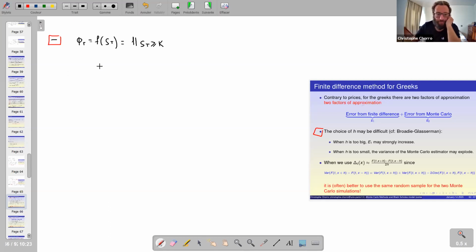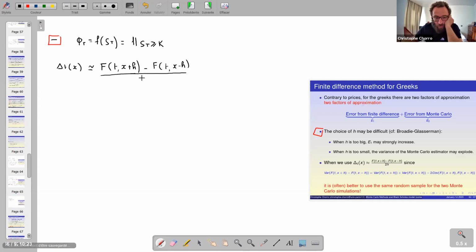So if I want in this situation to approximate delta_t(x), I know that delta_t(x) will be approximated by (f_t(x+h) minus f_t(x-h)) over 2h. What is f_t(x+h) in this situation?